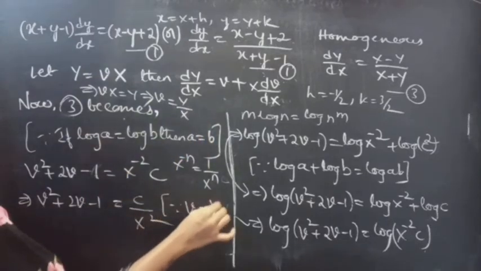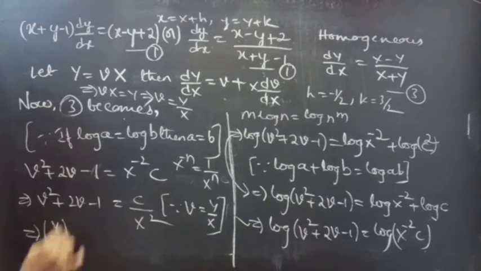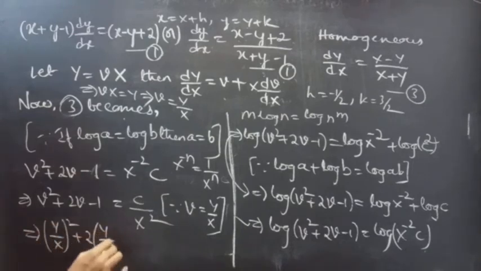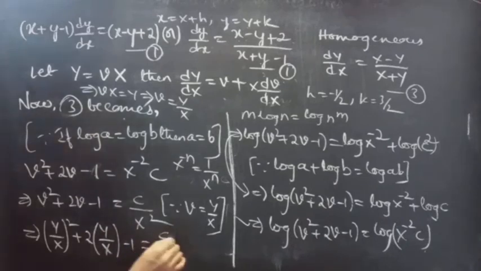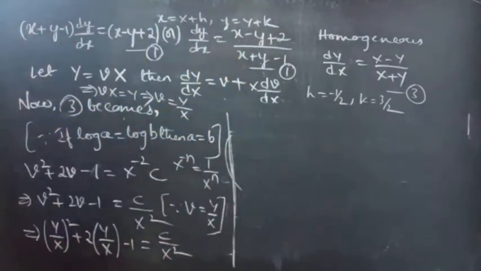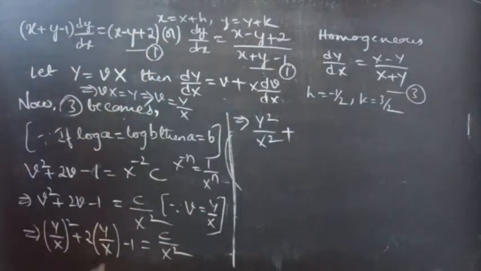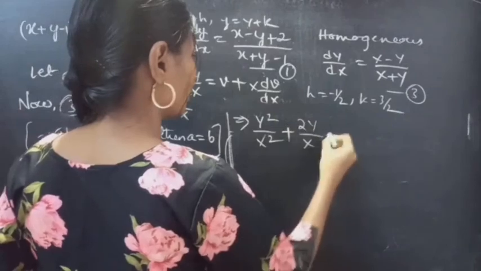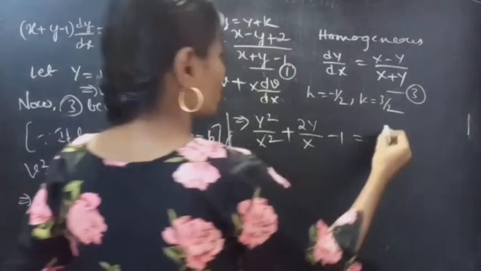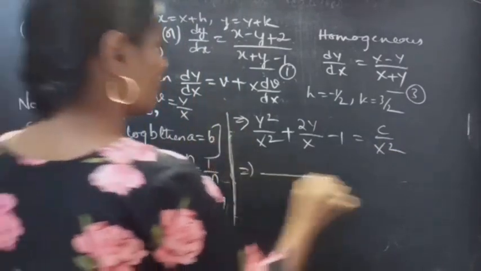Now put v equals y by x. You'll get y by x whole square plus 2 times y by x minus 1 equals c by x square. Then this becomes y square by x square plus 2y by x minus 1 equals c by x square. Now we'll take LCM on the LHS.